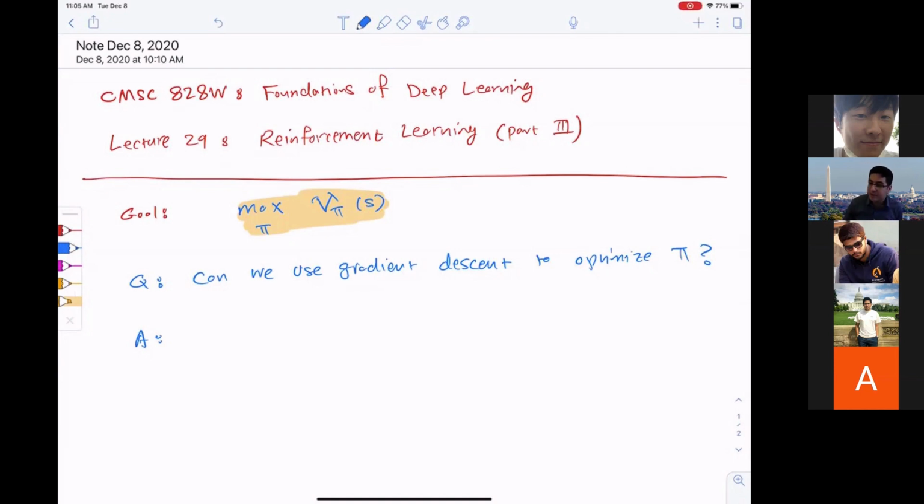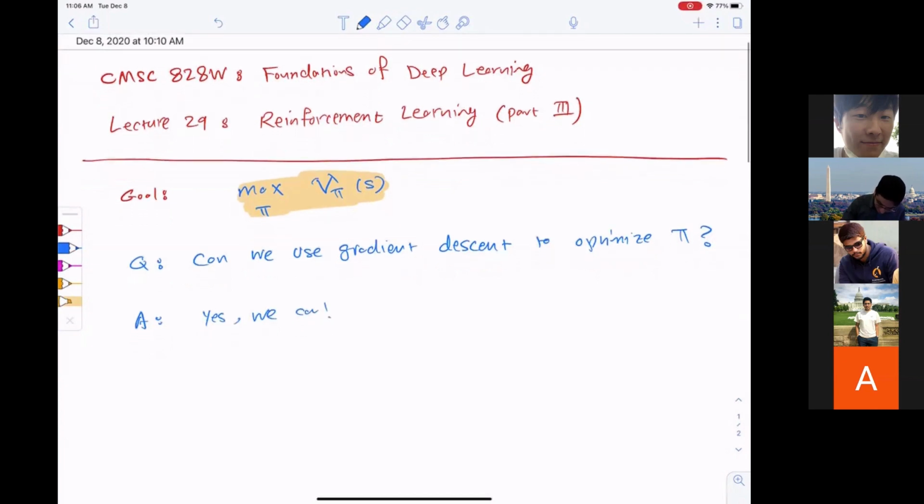So the answer is yes, we can, but we need to parameterize the pi function, because if you're thinking about a discrete mapping from your discrete states to discrete actions, then that function is not going to be differentiable. So we need to come up with a function for pi that is nice and differentiable. So the answer is yes, in fact, we can.